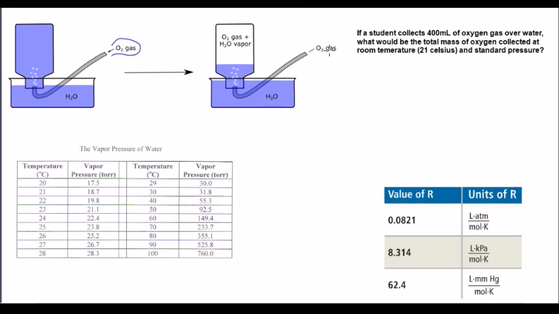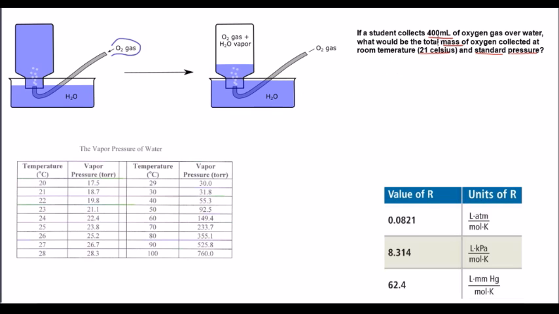So let's take a look at the problem that we have over here. If a student collects 400 milliliters of oxygen gas over water, what would be the total mass of oxygen collected at room temperature, which is 21 Celsius, and standard pressure? Okay, so let's look at this problem and figure out how we can answer this.